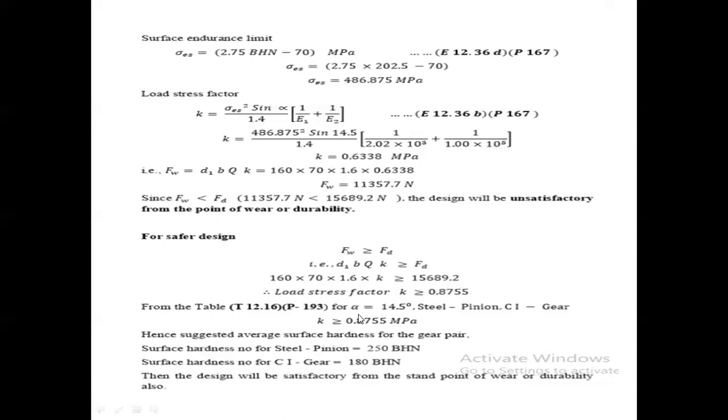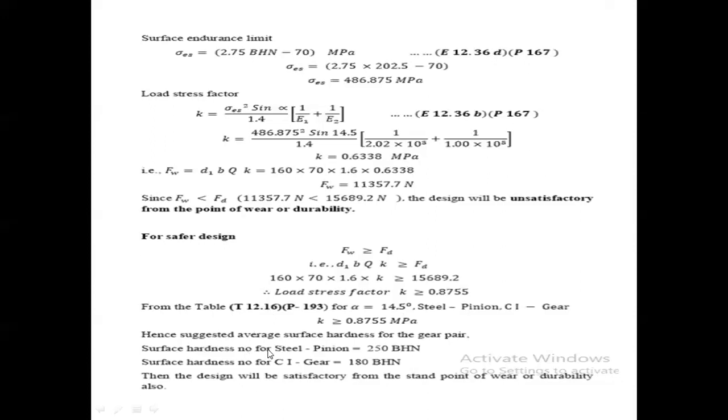By taking this value from table 12.16, page number 193, I can suggest the preferable Brinell hardness numbers for the pinion, the cast steel material, and for the gear, the cast iron material.